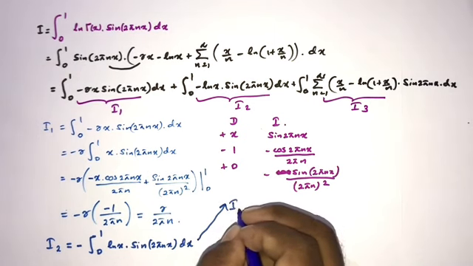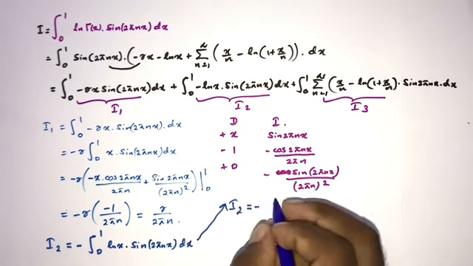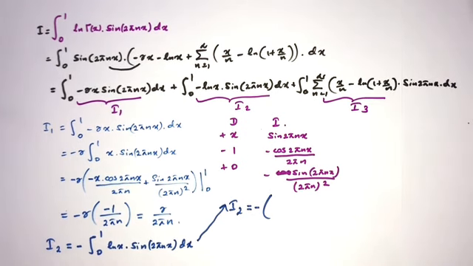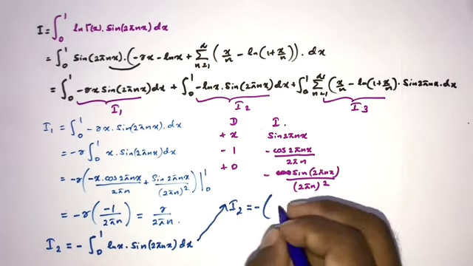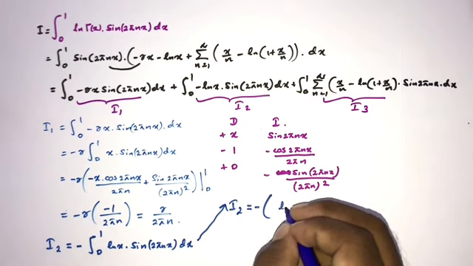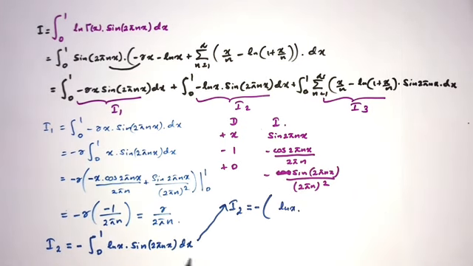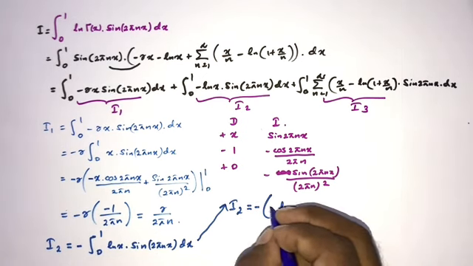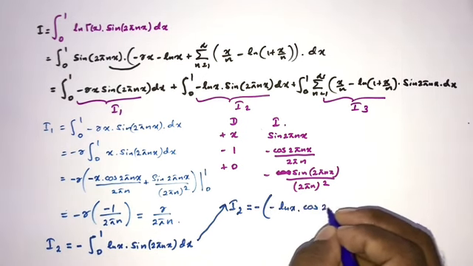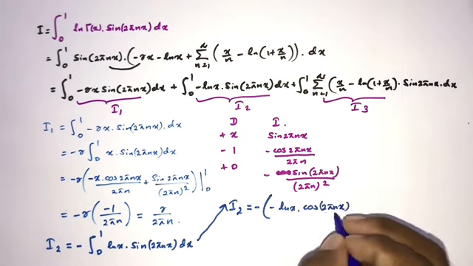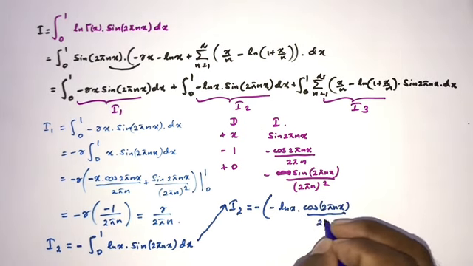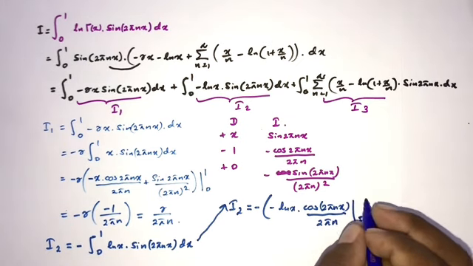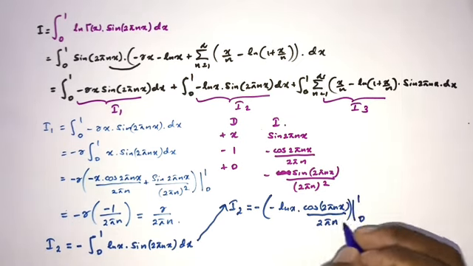So I2 is equal to minus, and I am going to take natural log of x as the first function. Here we have natural log of x times the integration of sine of 2 pi nx, which we know is minus cosine of 2 pi nx over 2 pi n, from 0 to 1.